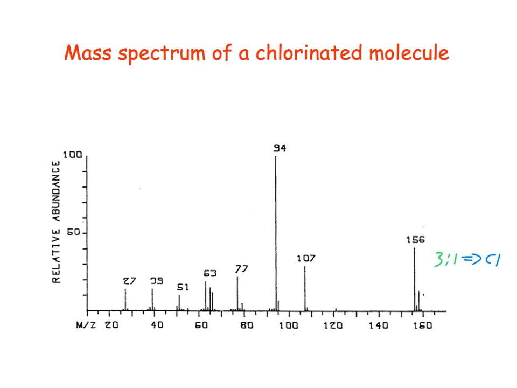Okay, so here's the structure, like this. And so let's first see if you can come up with a way to generate the ion at 107.